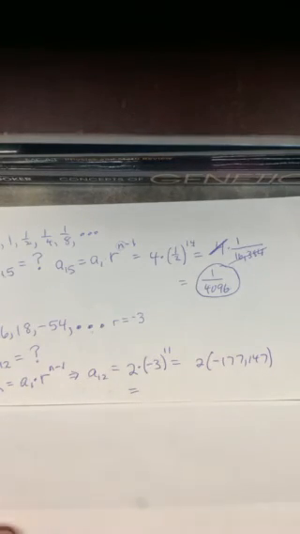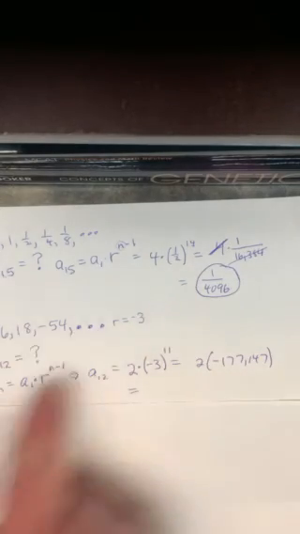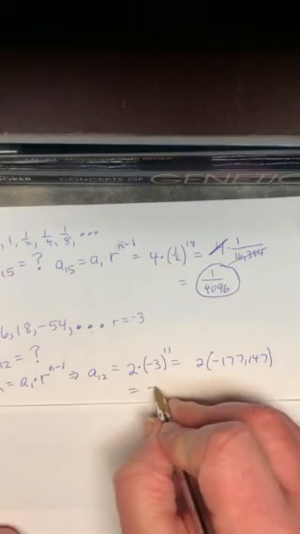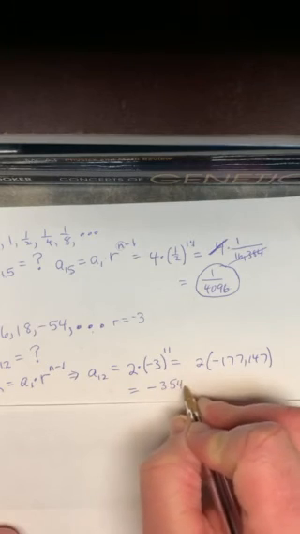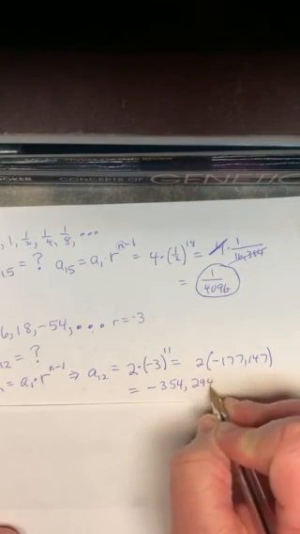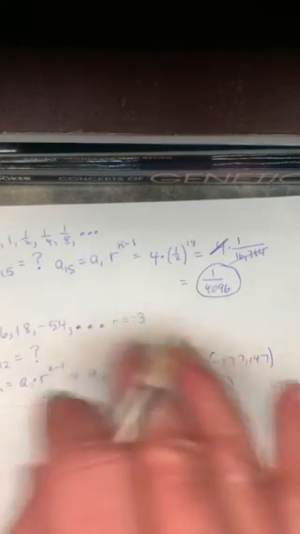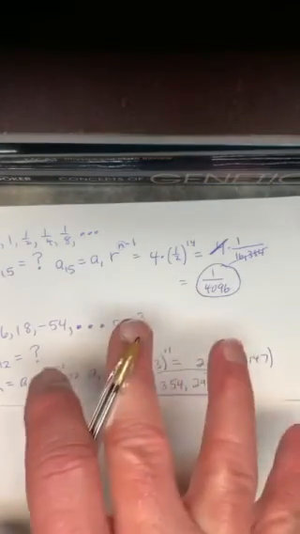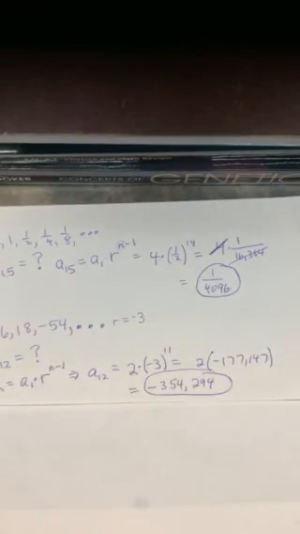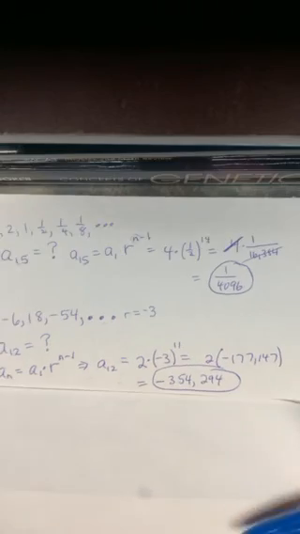Wow, who would have thought that the 12th number in that sequence would have been negative 354,294. And that's how you find the nth term of a geometric sequence. Okay? It's not as bad as it looks. Keep your notes with you when you try your homework so you can look at your formulas and not get confused.